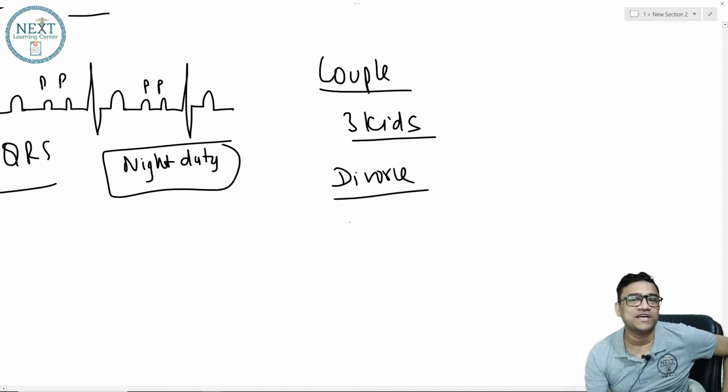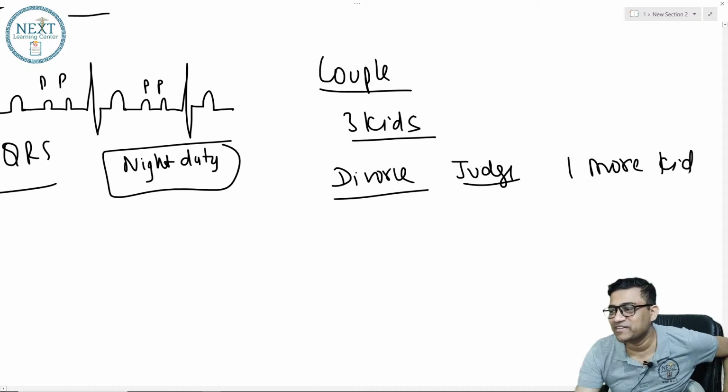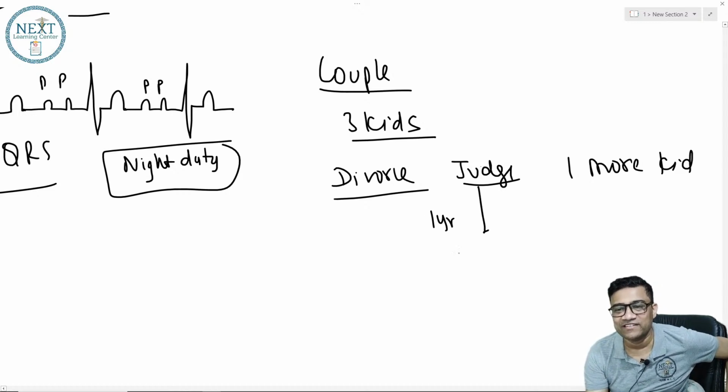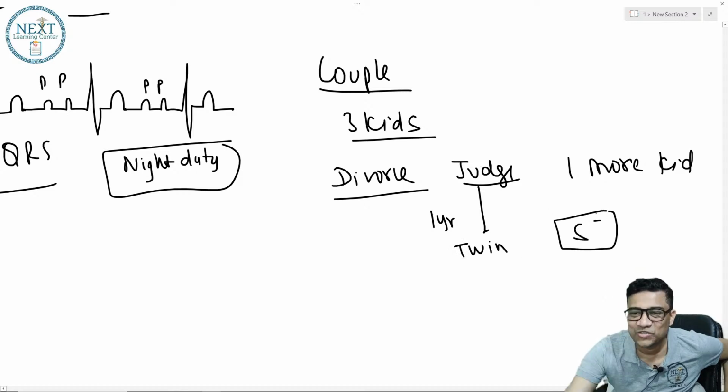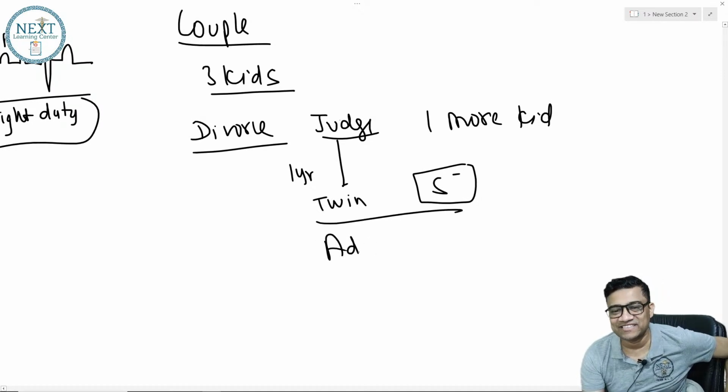But the problem is how to divide the kids, because there are 3 kids. So the judge advises them, do one thing, get one more kid. Then you can divide 2 and 2. Okay, so after 1 year they get twins and they are 5 again. So what should the judge advise them? What should be the advice?